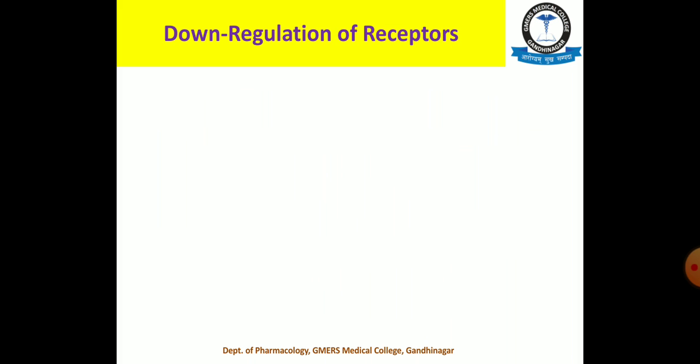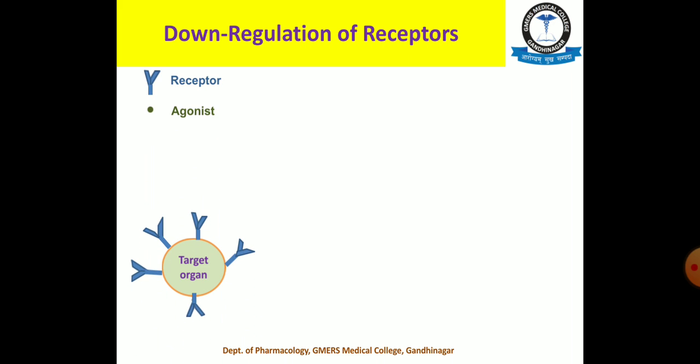Now, first we discuss the downregulation of the receptor. Now, this is a target organ. These are the receptors present on the target organ, and we have given the agonist for the treatment of a particular condition. Now, the agonist binds with the receptor and produces the action.